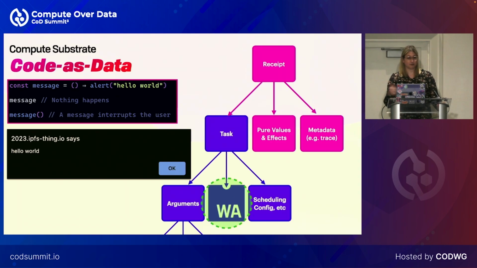So pure values, if you do 1 + 1, you'll get back 2. And effects are things that you want to enqueue to happen next. So this could be send an email or do another pure computation or anything else, right? Something that is going to need to take resources off the network. And then some metadata, trace information, success or failure, tags, anything like that.